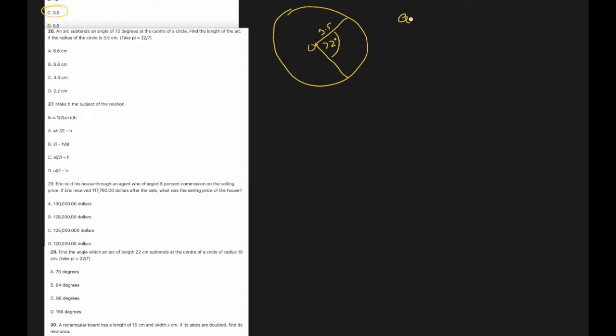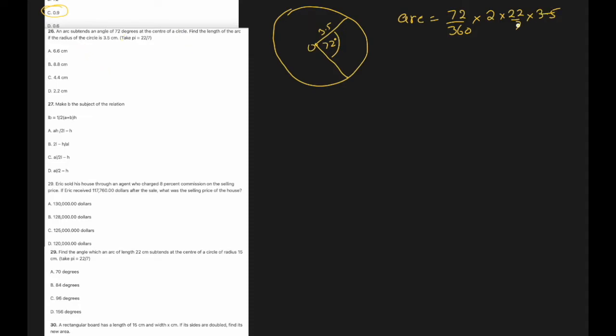Arc length is the angle it subtends divided by 360 multiplied by the circumference, which is 2 pi r, with 3.5 as r.